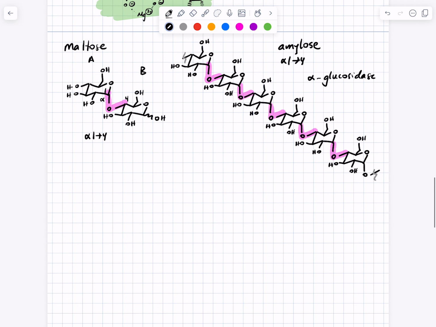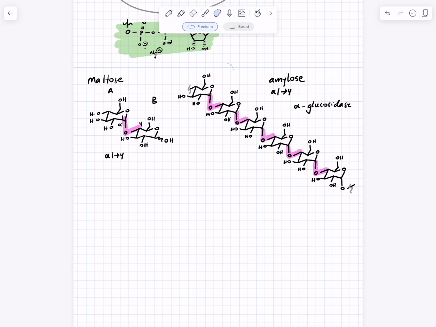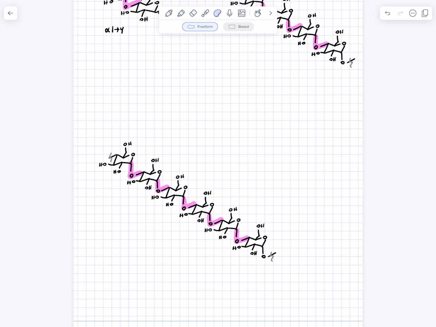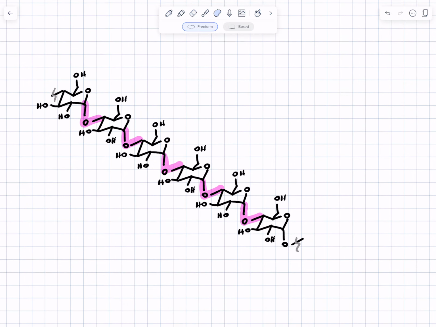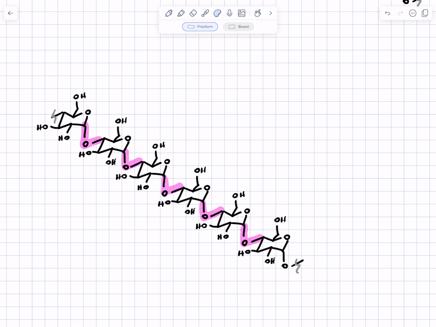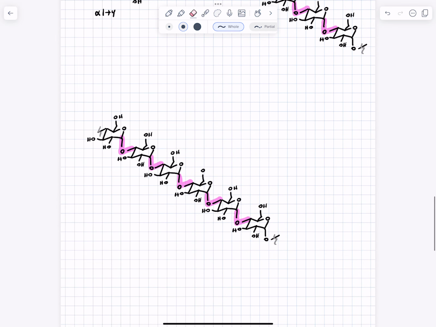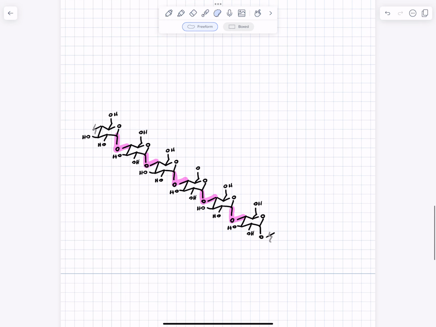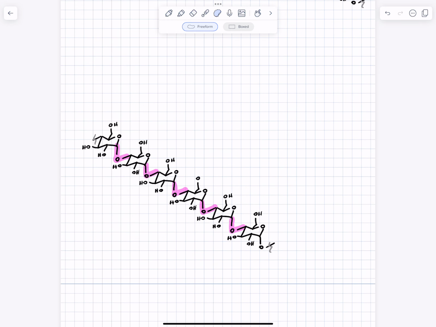There are slightly more complicated or branched starch molecules, one of which I'll draw here. So I'm going to copy this amylose chain. It turns out that in some starches, the C6 hydroxyl gets modified with a glucose molecule, and then additional alpha 1,4 linkages branch off of there.